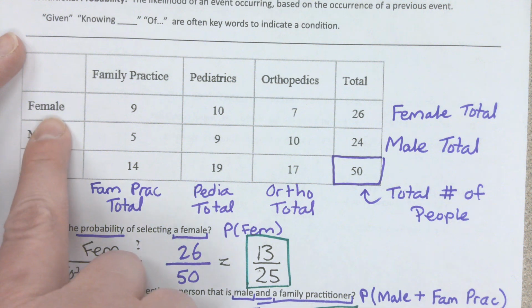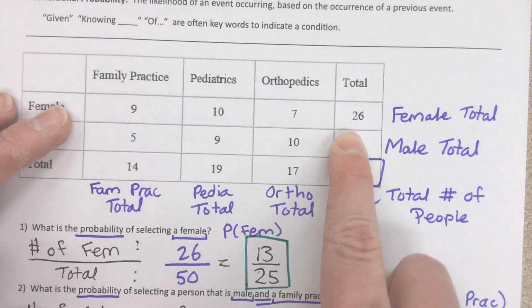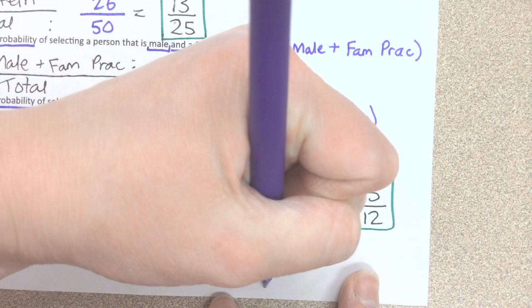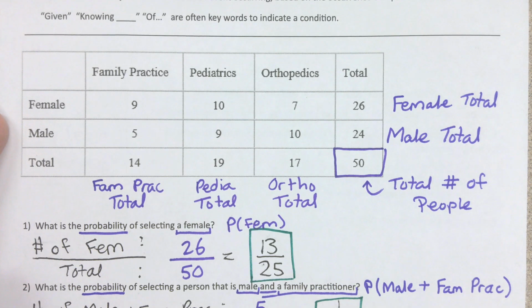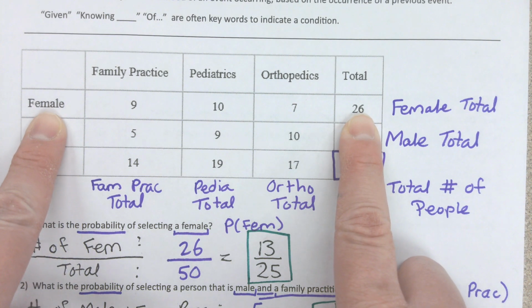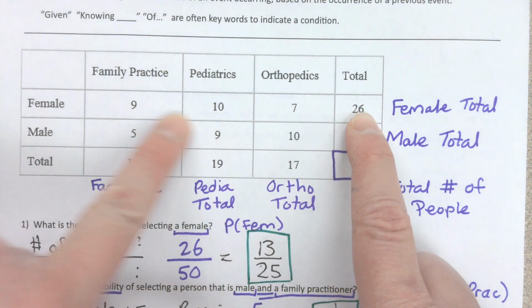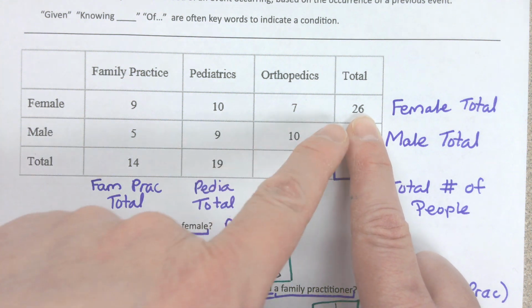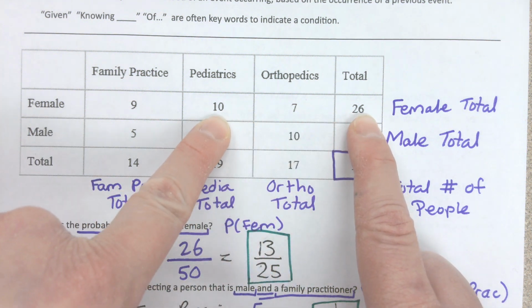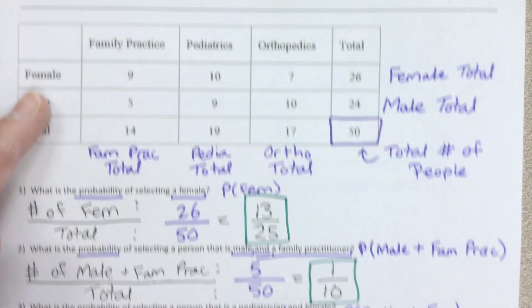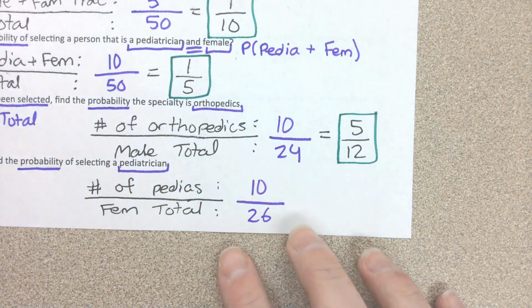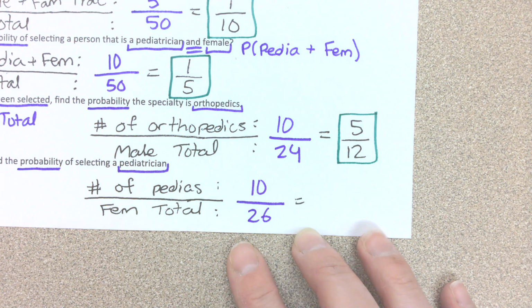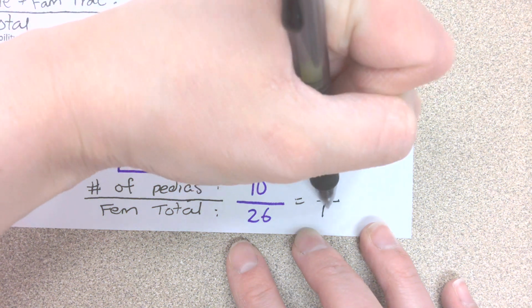Going up to our chart here, we have 26 females total. Of these 26 females, again, at this point I only care about the female row of the chart. Of the 26 females, 10 of them are in pediatrics. So 10 out of 26. Which reduces to 5/13.